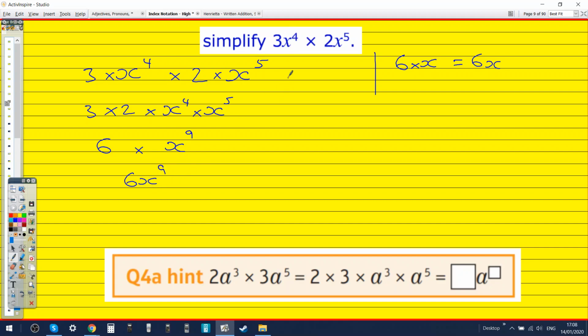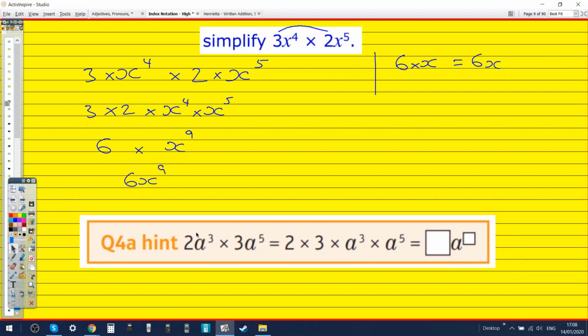How did we get 6? You did 3 times 2. So we just do normal number times normal number. And then how did we get x to the 9? From 4 and 5. Yes. And so you multiply the normal numbers and then you multiply the indices by adding the powers.